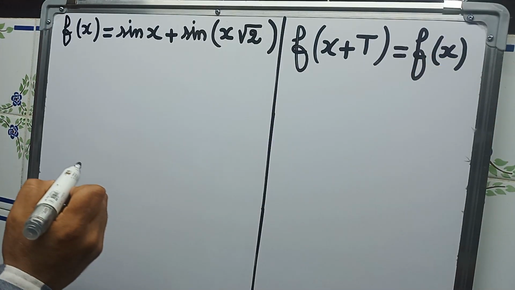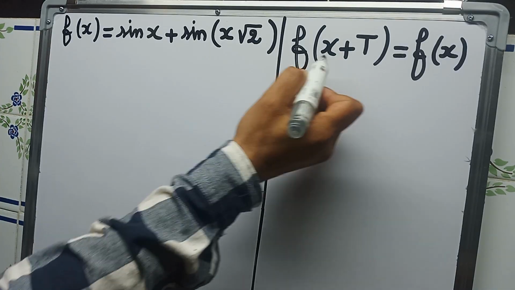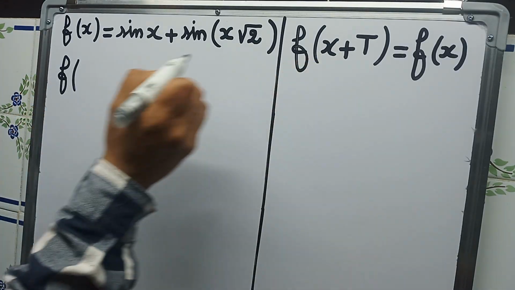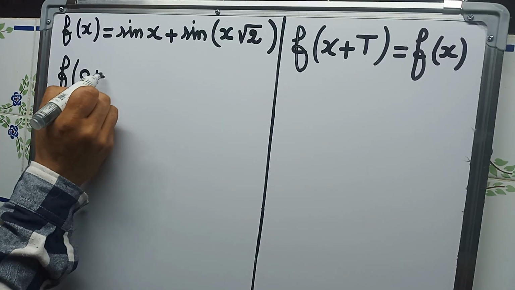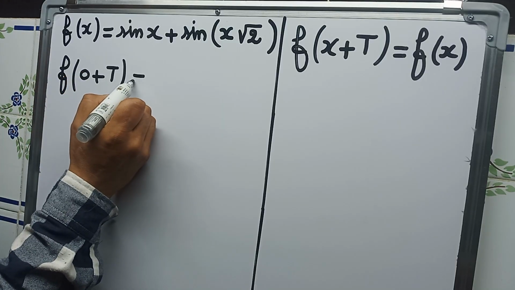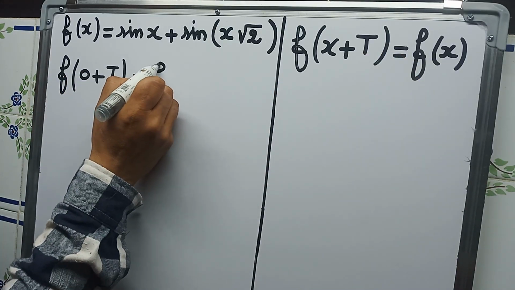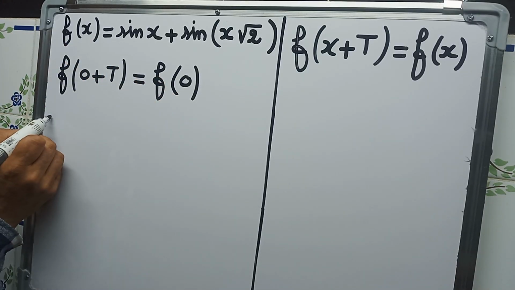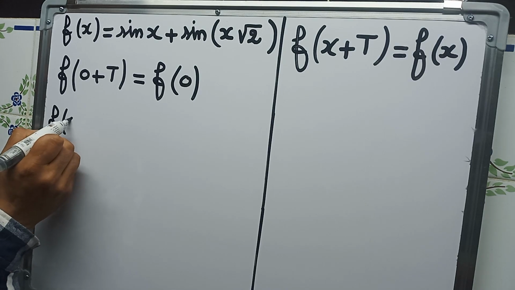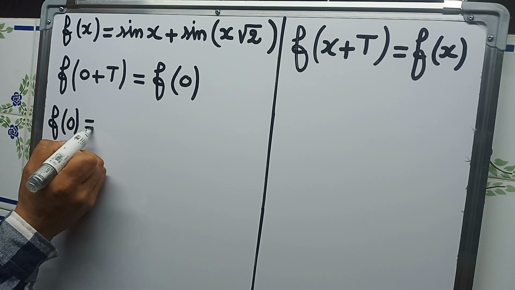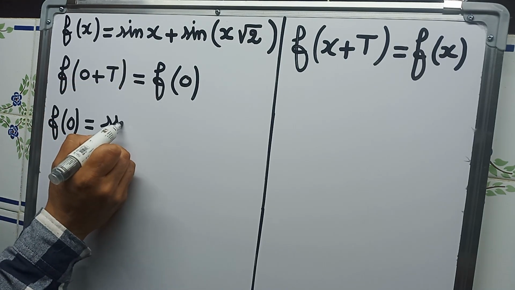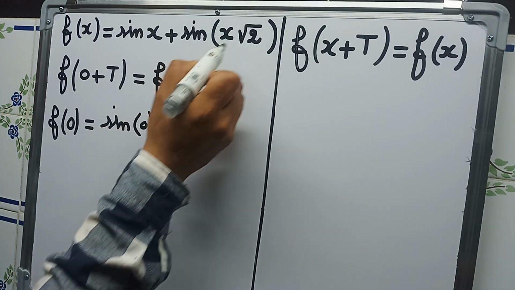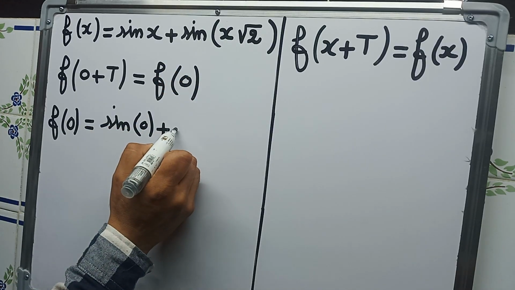So already from here, with x equals 0, we have f of 0 plus t is equal to f of 0. And f of 0 is equal to sine of 0 plus sine of 0 times square root of 2.